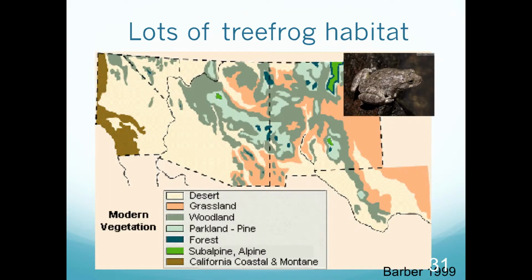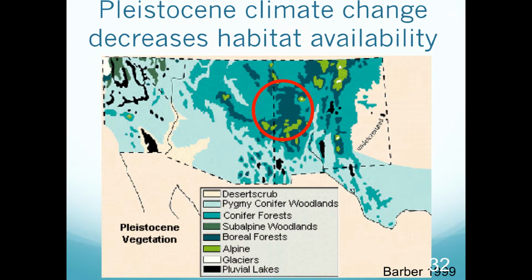An example of this is seen in tree frogs. Tree frogs have good habitat in desert and grassland. During the last glacial maximum, all of Arizona and New Mexico completely changed their habitats such that they were conifer forests in areas that were completely inhospitable to these tree frogs.